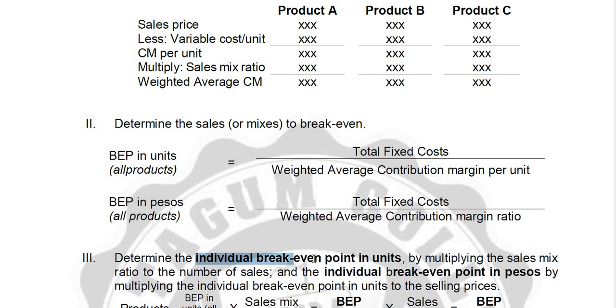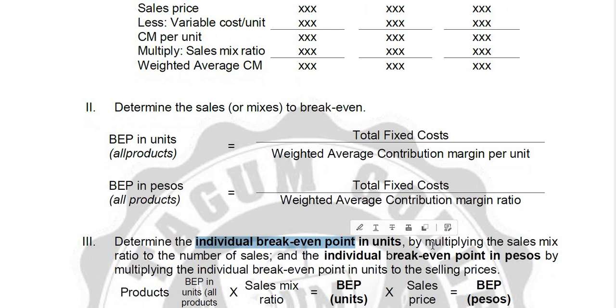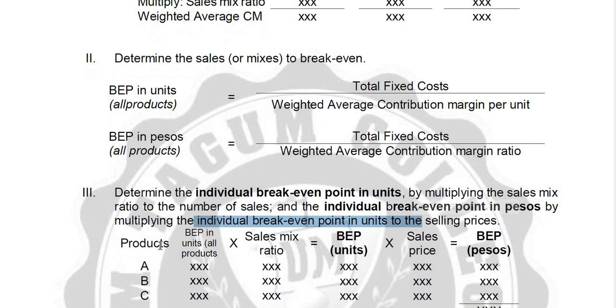So, yung tinatawag dito na individual break-even point in units, you have just to multiply the sales mix ratio to the number of sales. And the individual break-even point in pesos by multiplying the individual break-even point in units to the selling prices. So, this is how you do it.